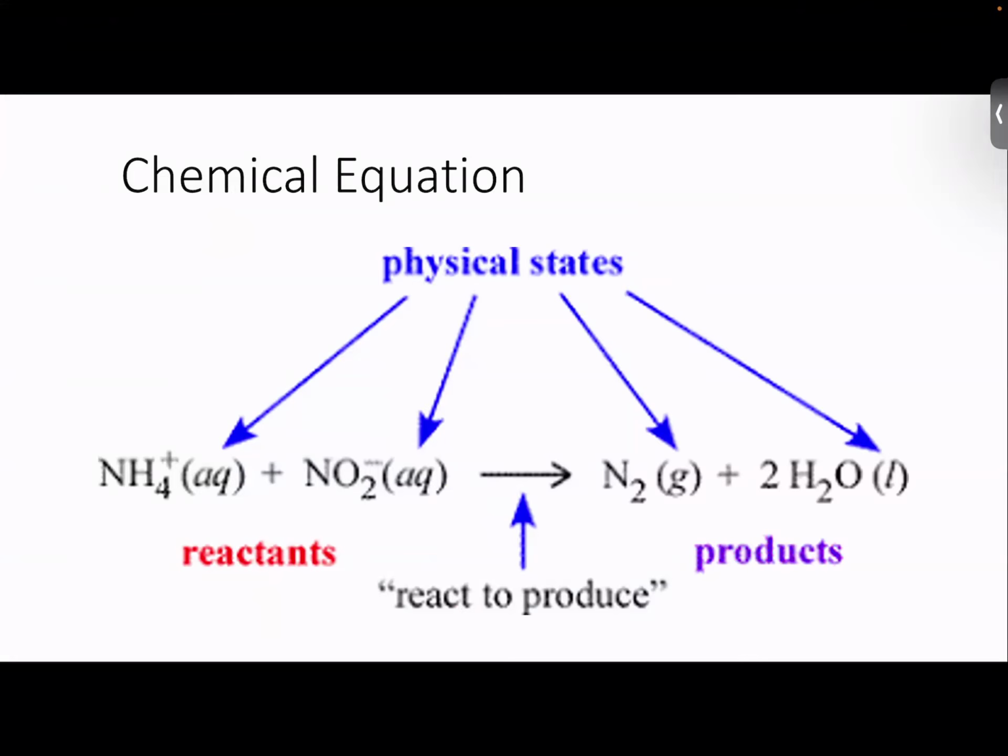The nitrite ion was dissolved in water. When you combine ammonium and nitrite, one product was nitrogen, which is a gas. This means that what we're going to see when we do this chemical reaction are bubbles being formed. Those bubbles are that gas being formed. And then we made pure water, which is a liquid. A lot of times water is going to be in the liquid format, especially if we started out with aqueous solutions.